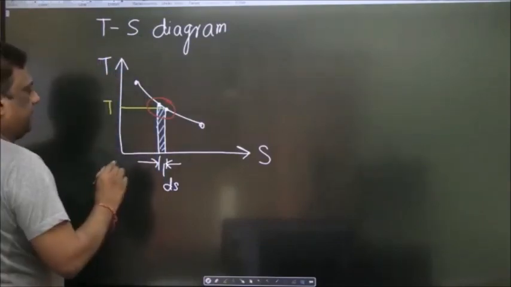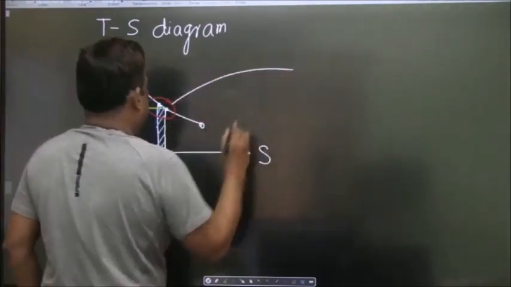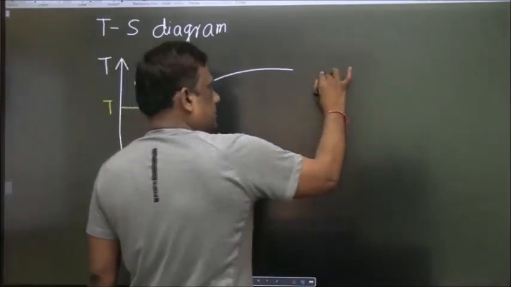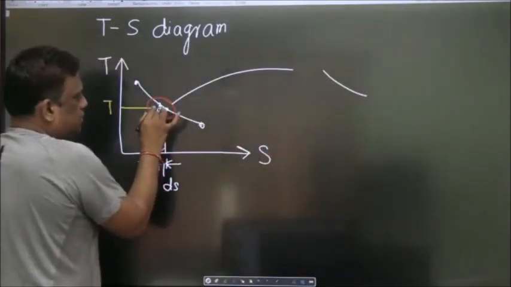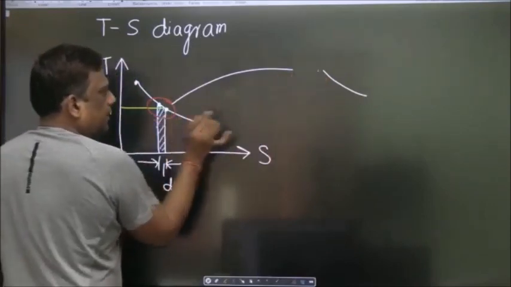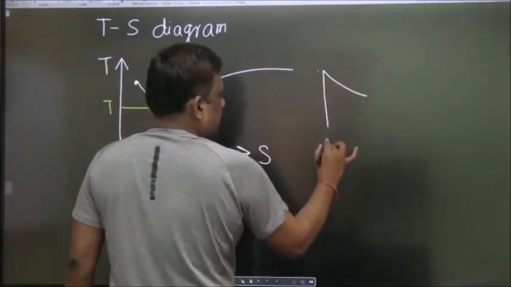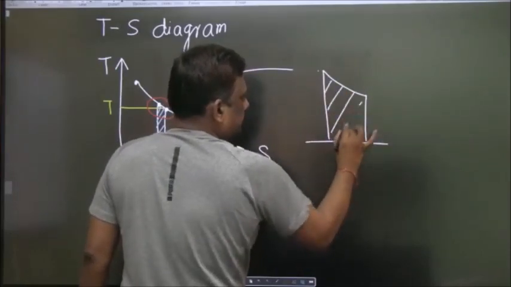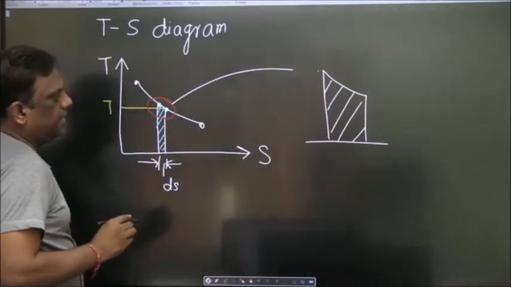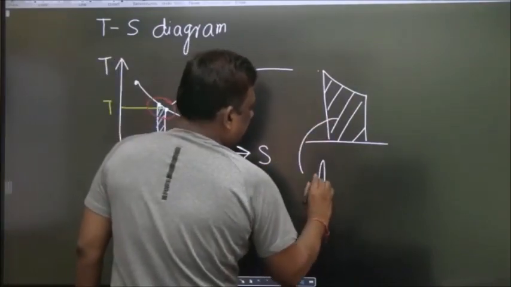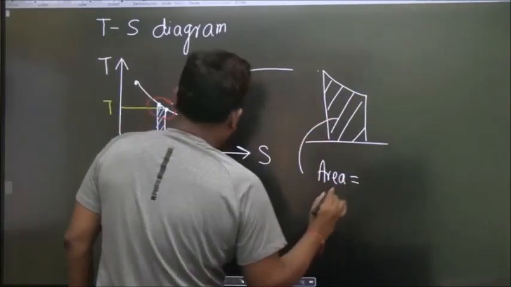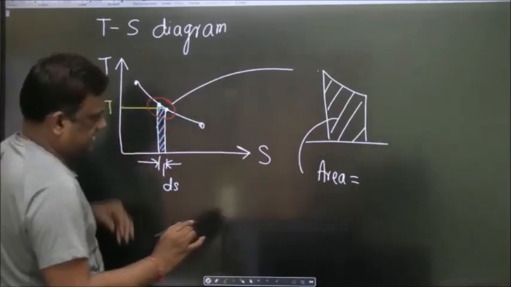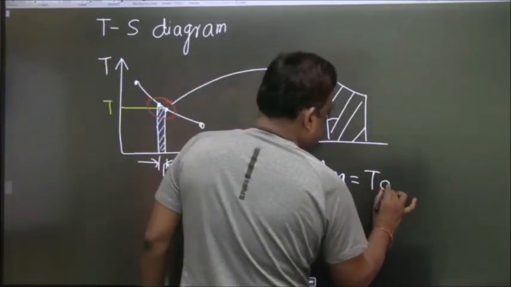Let us zoom in and see: on this curve, this point is here and this point is here, and we have projected and are calculating this area. This area is length into width. Length is T, width is ds, so it is T ds.